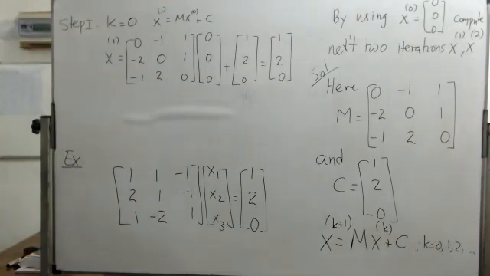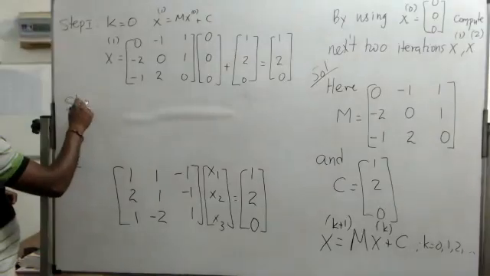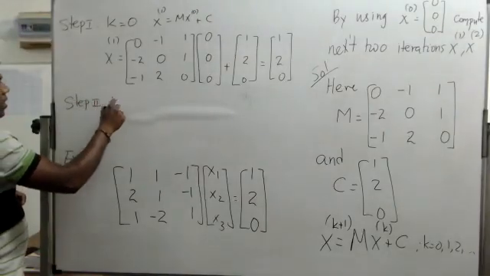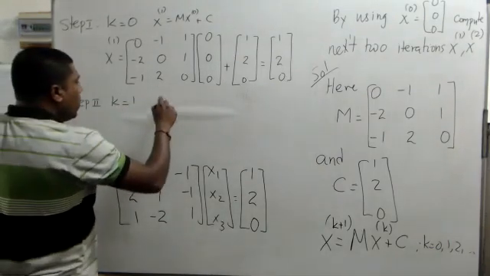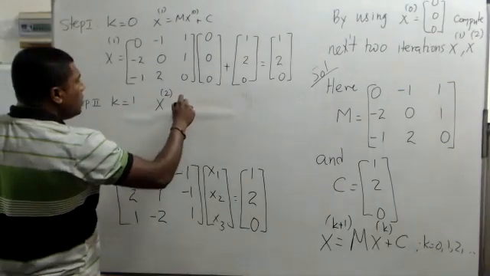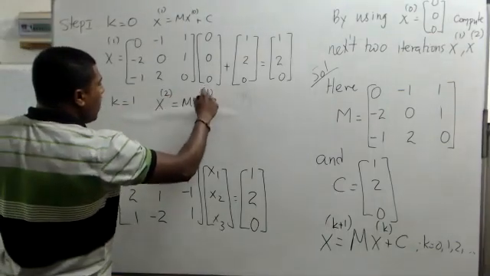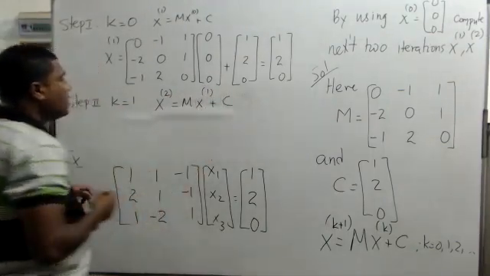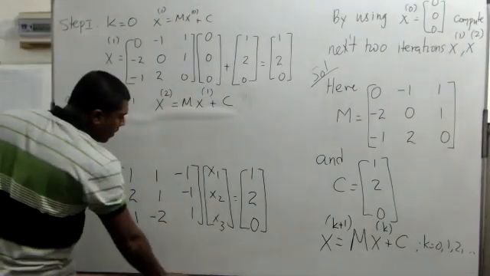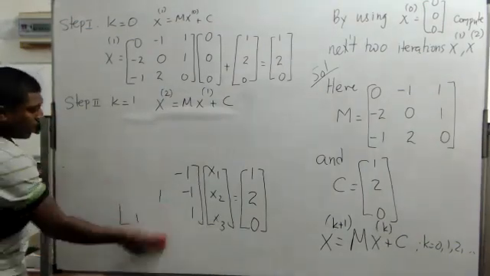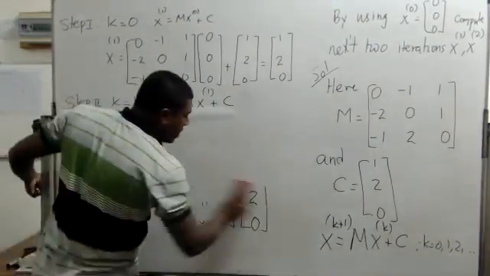That is the first step. Second step, you put k is equal to 1. When you put k is equal to 1, you get x2 is equal to M x1 plus c. Again, you do the calculation.